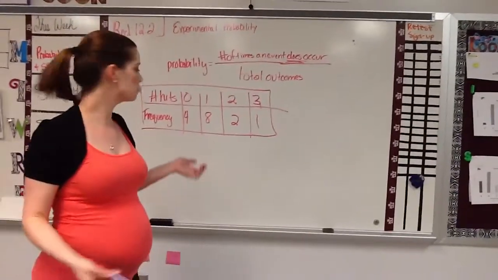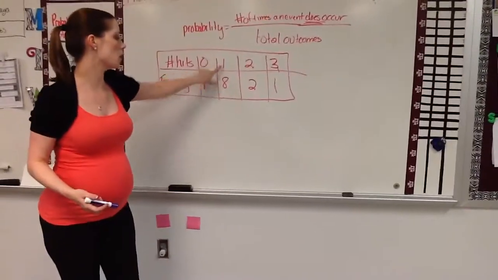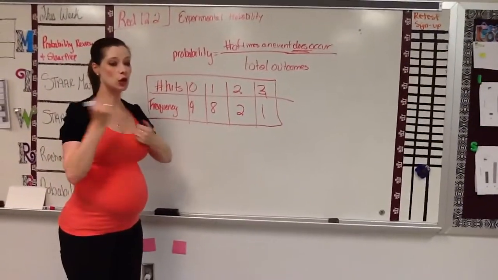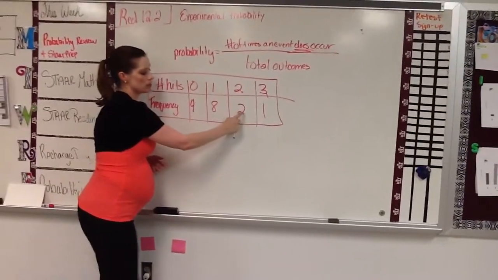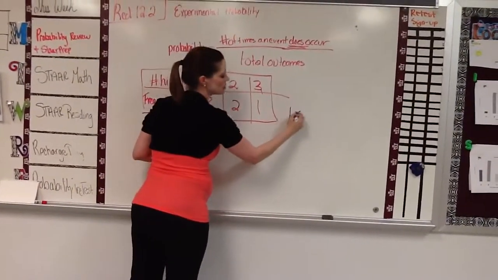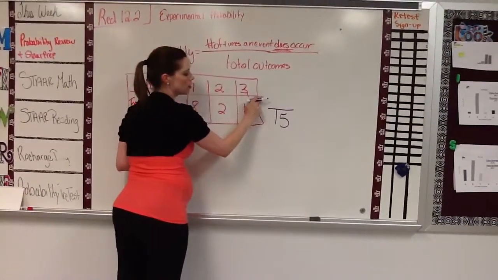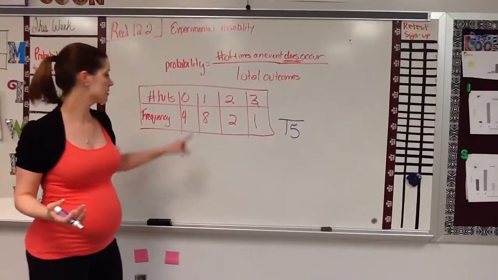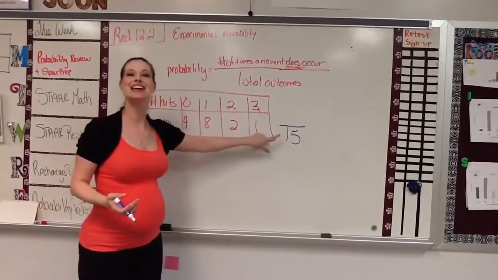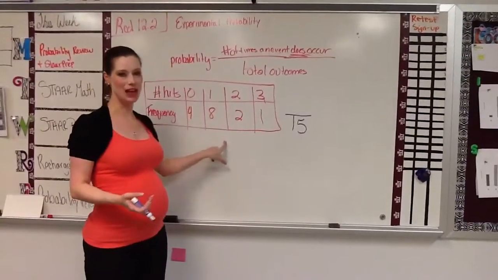So what's the experimental probability that he made a hit of 1? Well, you first have to figure out how many total games there are. 8 and 4 is 12, 13, 14, 15. I'm sorry, I misspoke, not 15 hits. 15 games where he played.